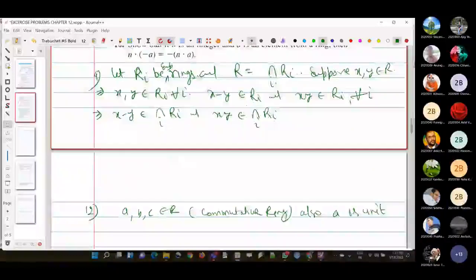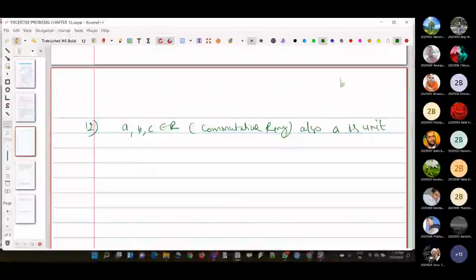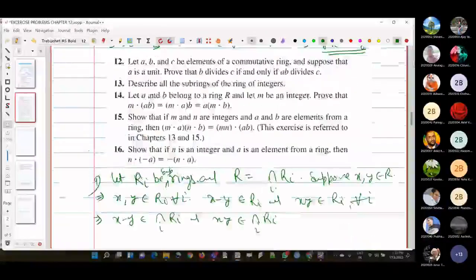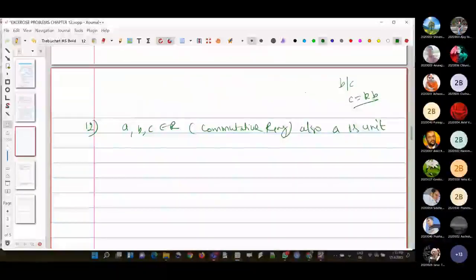B divides C means that C equals some K times B. In a similar fashion, we also need to prove that AB divides C, which means C equals some L times AB. So there are two parts we need to prove.